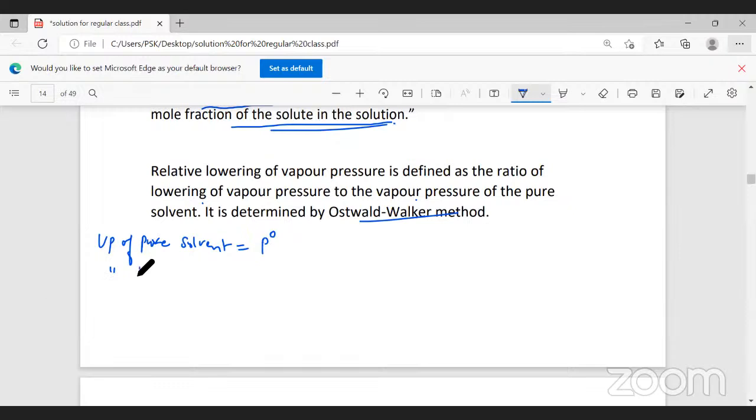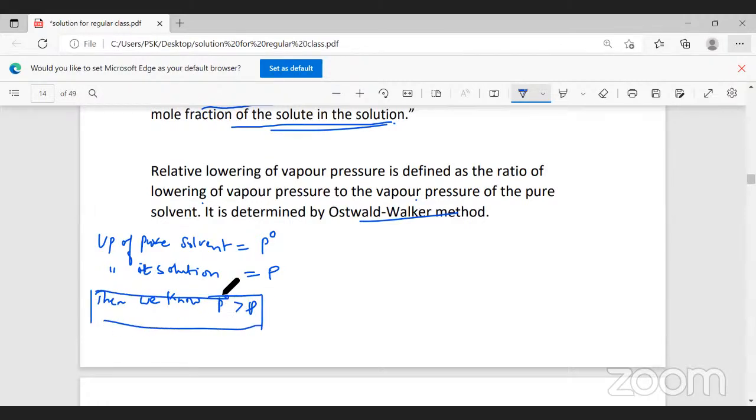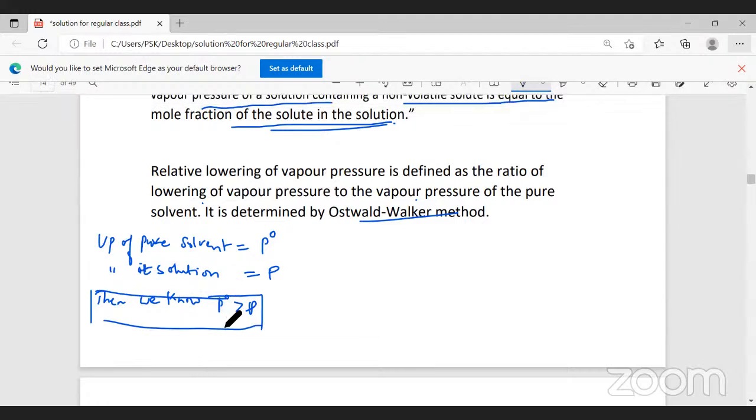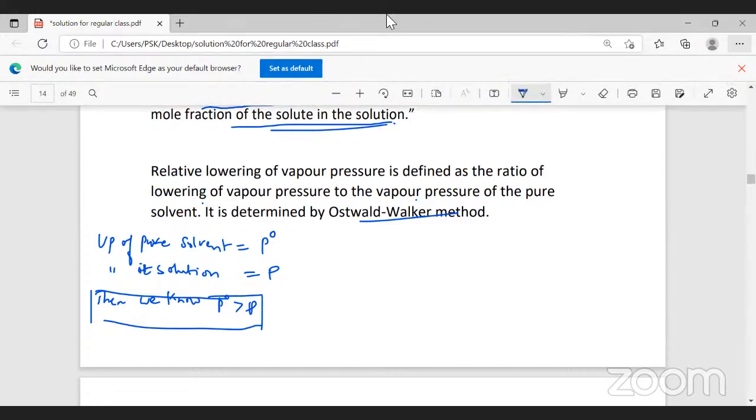The vapor pressure of solution is represented by P. Then we know P naught is greater than P. Yes or no? The vapor pressure of a pure component is greater than the vapor pressure of its solution. Yes, sir.